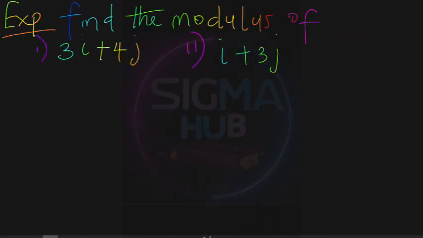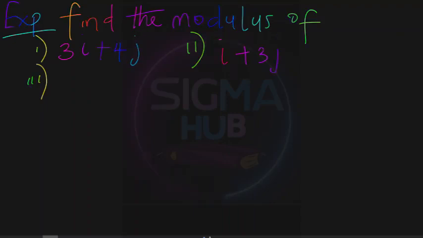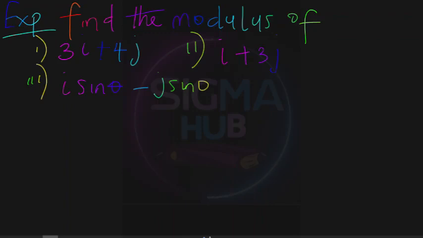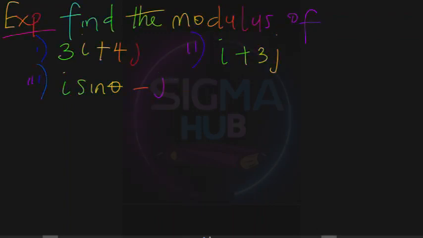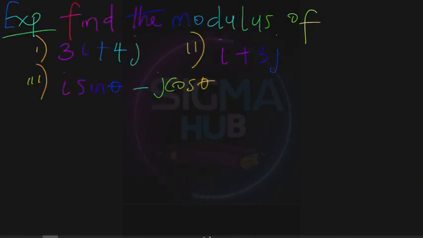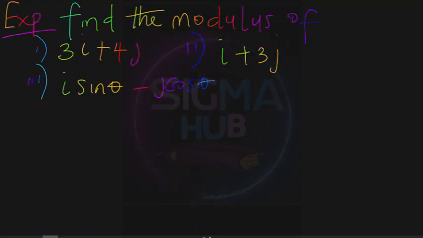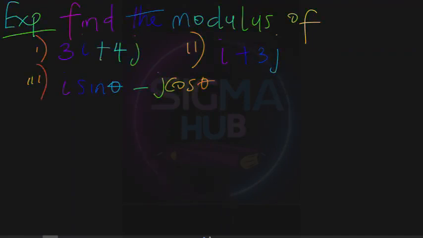The third question says we should find the modulus of i sine theta minus j cos theta. We are going to be using the formula I've given you to find the modulus, which we can also call the magnitude. So modulus and magnitude are the same.